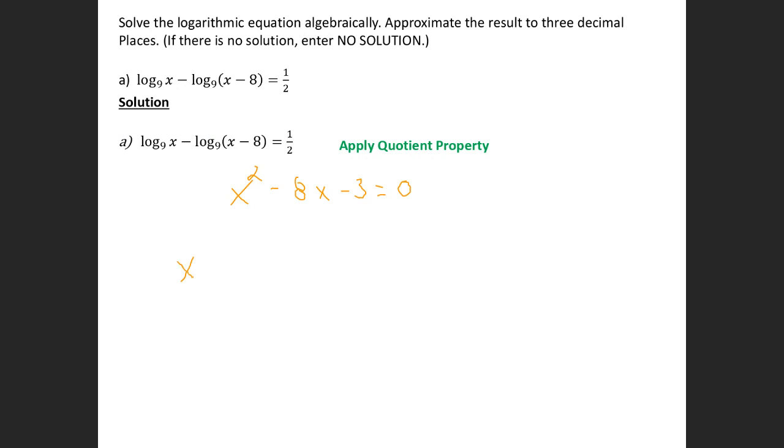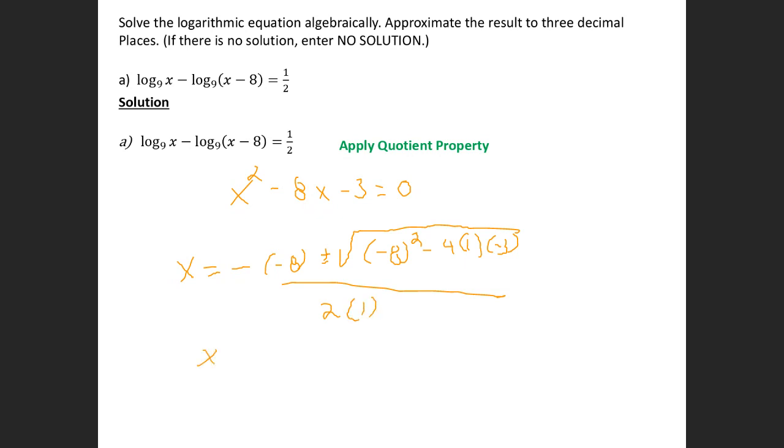So we have x equals minus b, which is -(-8), plus or minus the square root of b squared, which is (-8) squared, minus 4a, in our case 1, c is -3, divided by 2a, which is 2 times 1.